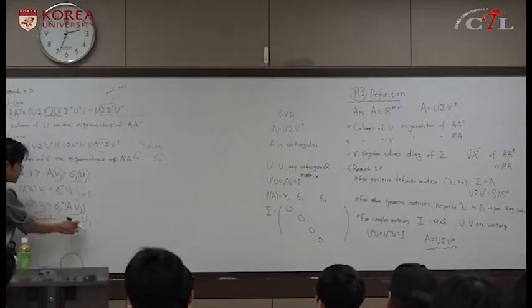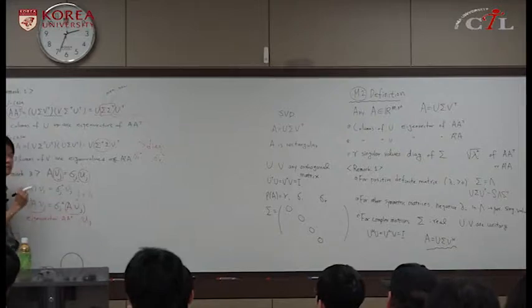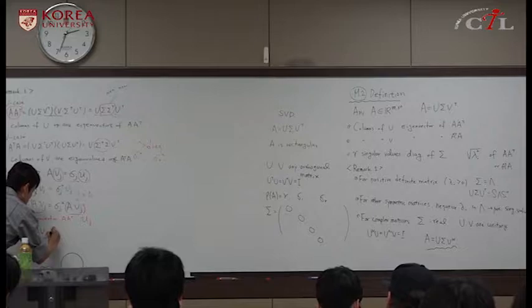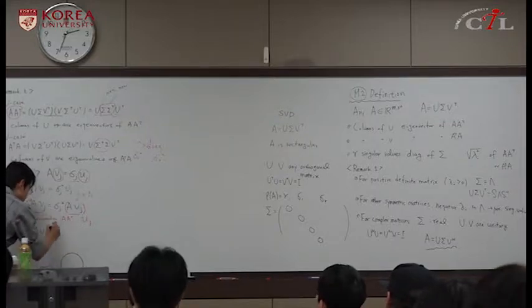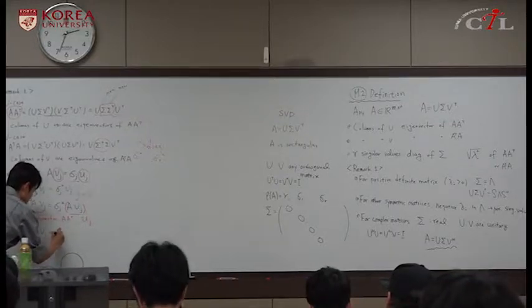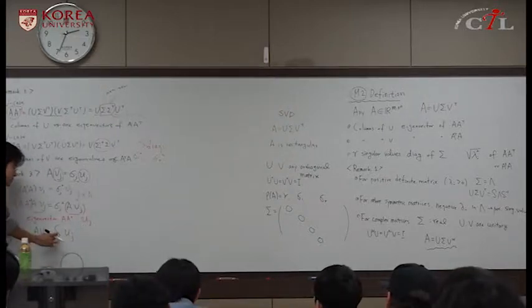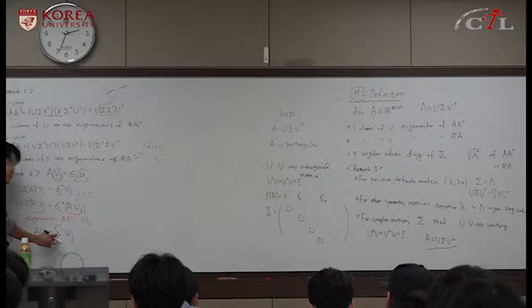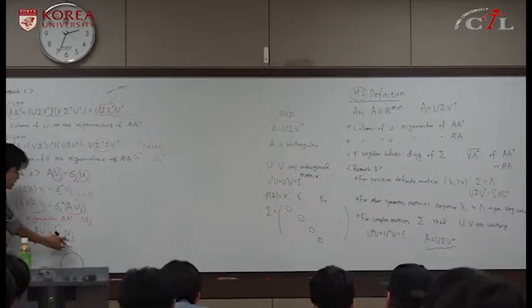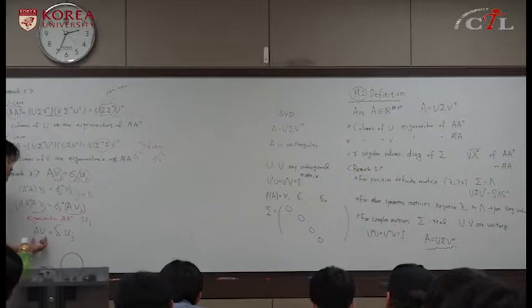So we cannot say they are equal. They are equal up to scale. So there should be some scaling factor, let's say delta Uj. If this is unit length, then delta is 1. Otherwise, we need to set a specific delta. So we need to check the length of A Vj.